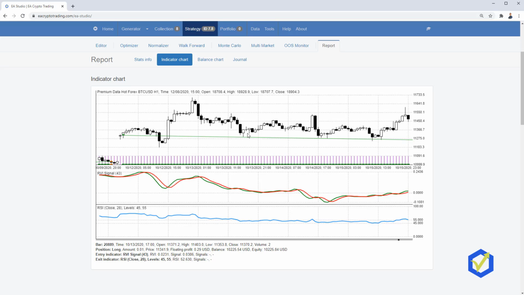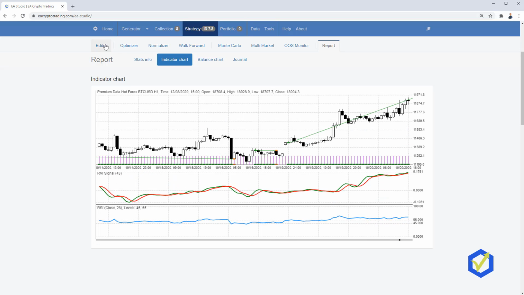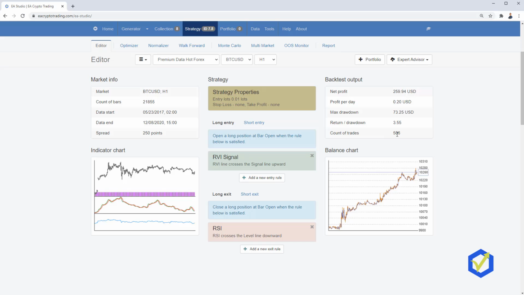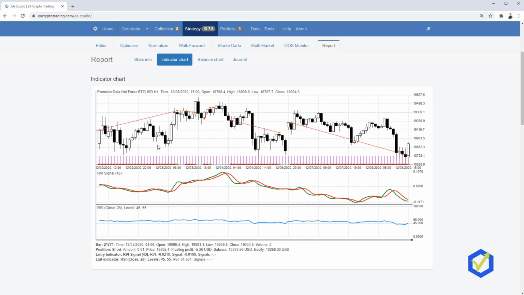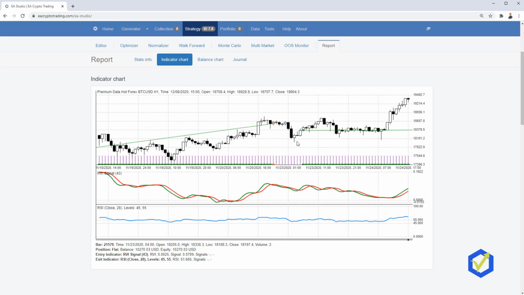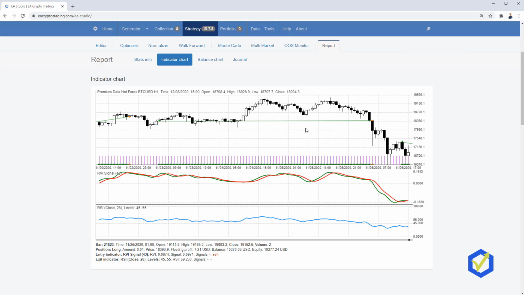And one more time, there are hundreds of trades. For example, with this strategy, 506 trades were executed for the tested period. So imagine if you have to go through MetaTrader or any other platform to put indicators and to follow: okay, here I will buy, where will be my exit, where the RVI crosses. Will you see it?